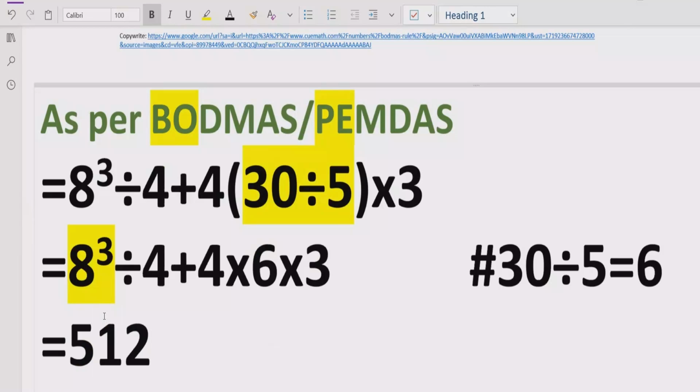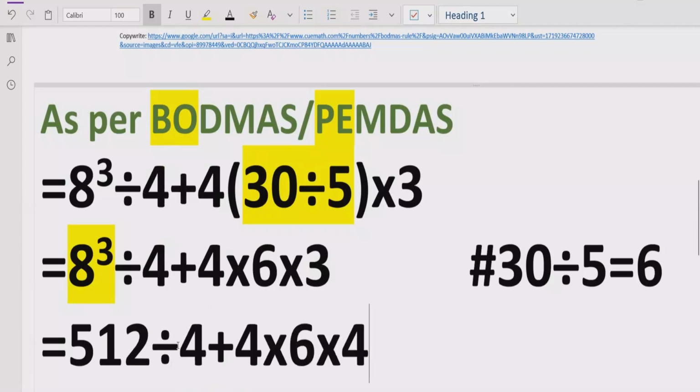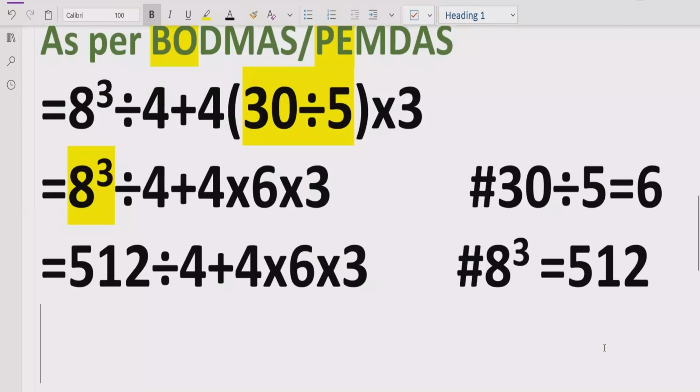So the expression becomes 512 divided by 4 plus 4 multiplied by 6 multiplied by 3. We will write the rest as it is. And here we give the reference: 8 raised to power 3 means 512. Okay. Now we have solved the exponent part.